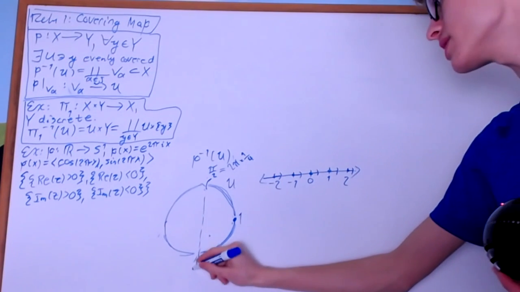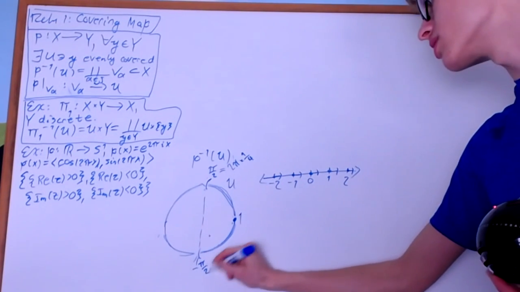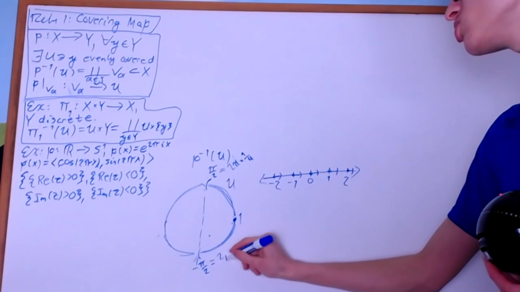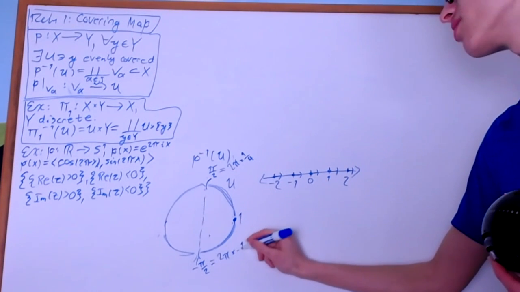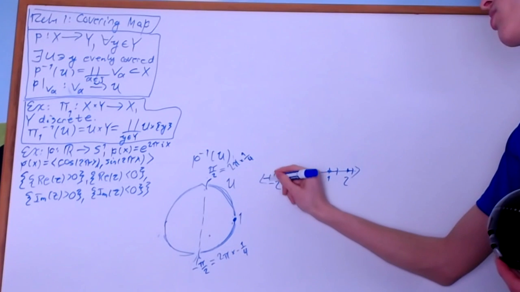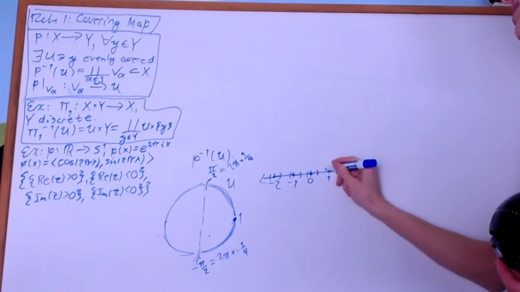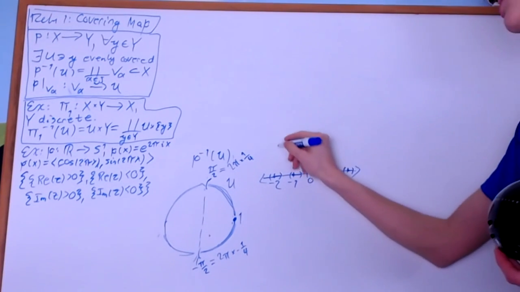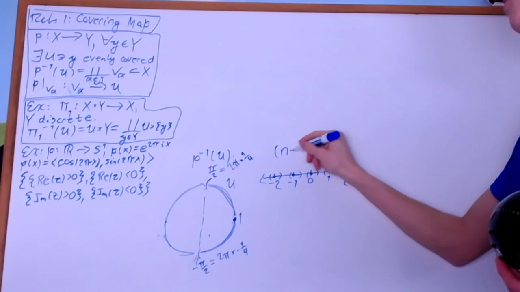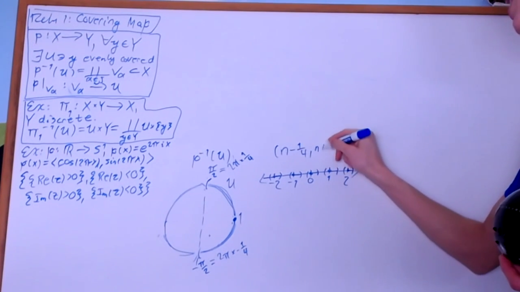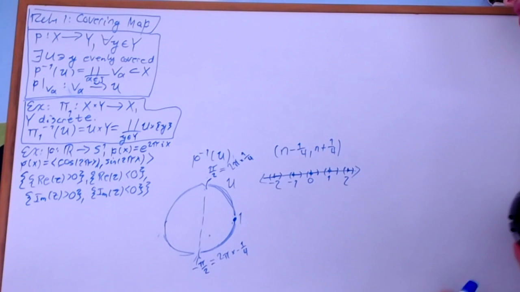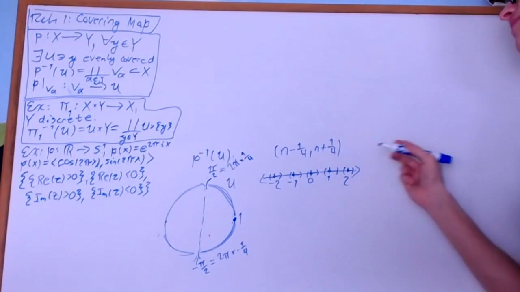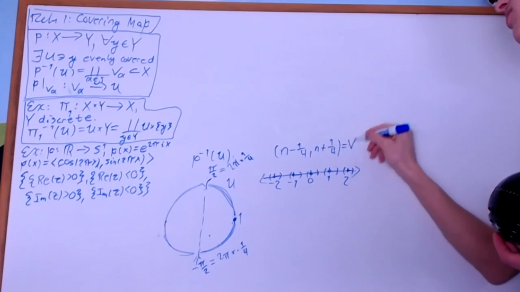And then right down here is negative pi over 2, which is the same as 2 pi times negative a quarter. And so that means all the values a quarter less than the integers are also included. And so our intervals are n minus a quarter to n plus a quarter, and this is for every single integer n. So let's go ahead and call this Vn.